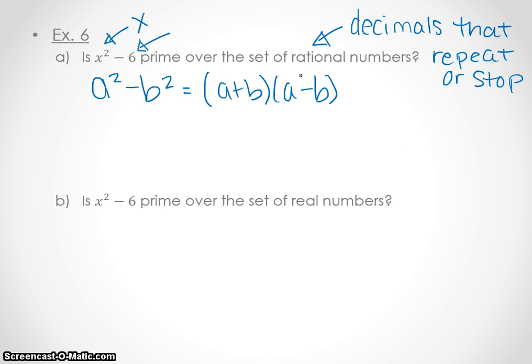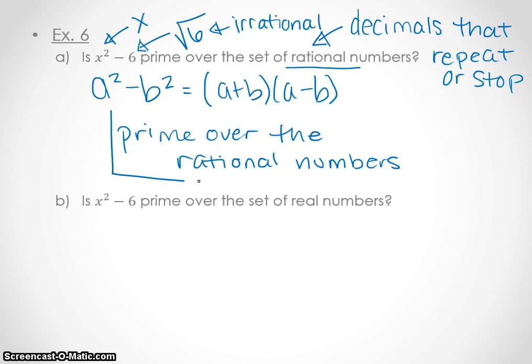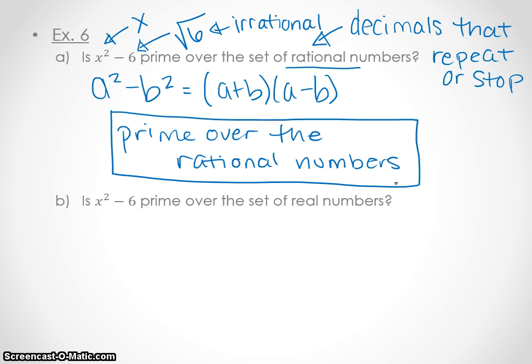And so therefore, is it prime over the rational numbers? Well, if I can't use a rational number to factor it, then yes, it is prime, because the square root of 6 is irrational. So this is prime over the rational numbers, because I can't factor it into rational numbers.